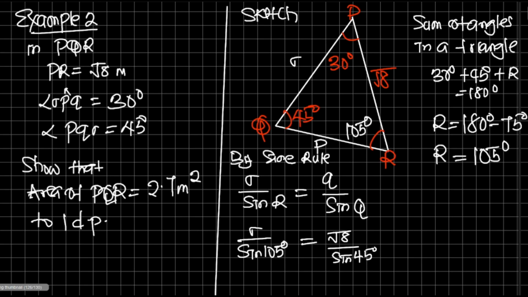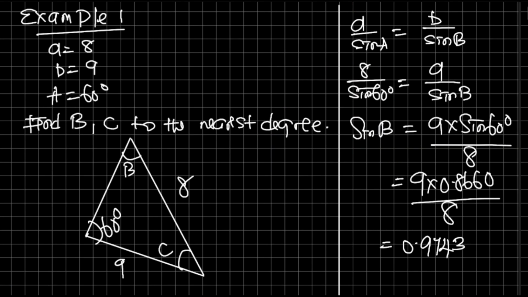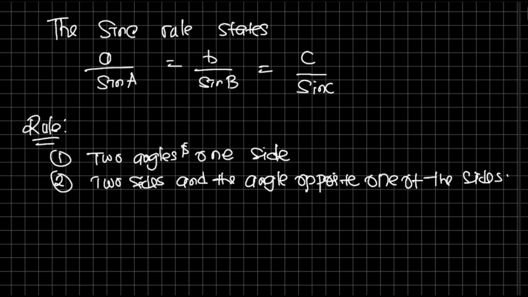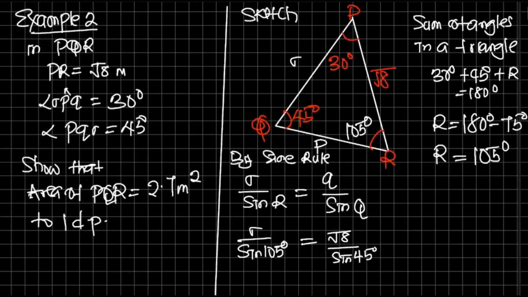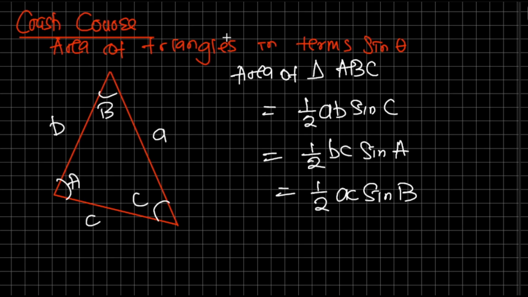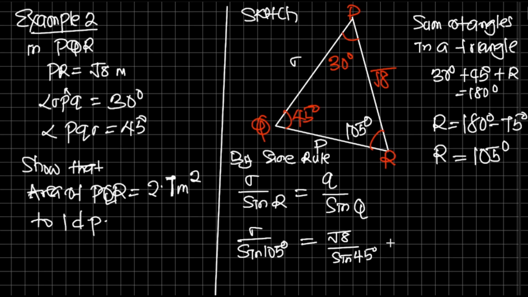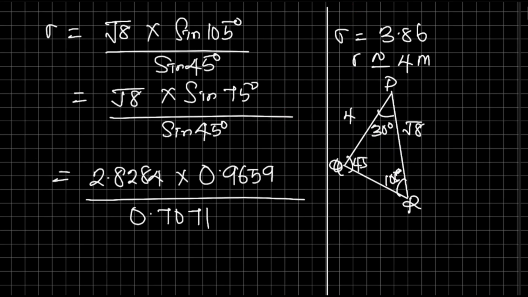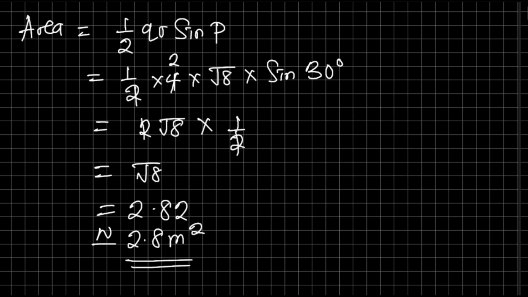Let's confirm if it is correct with what we are proving. The question says show that the area of PQR is 2.7 meters squared, approximated to 1 decimal place. So it's an approximate answer. Anything we calculate with sine and cosine is approximate. So therefore the answer is approximately correct. So proved.